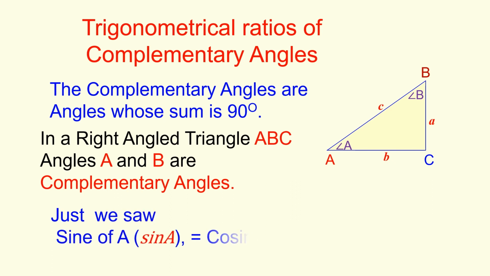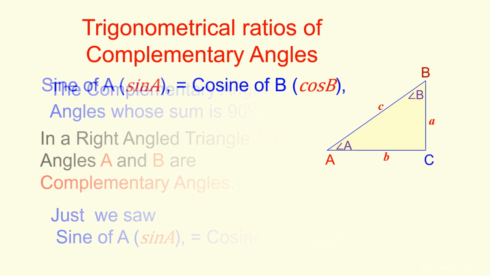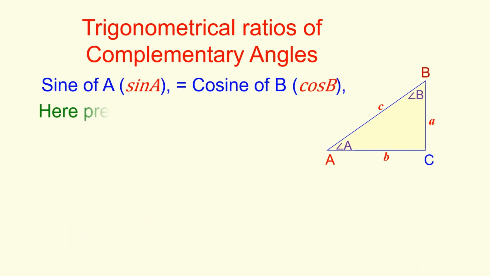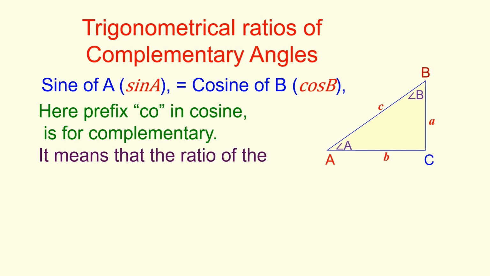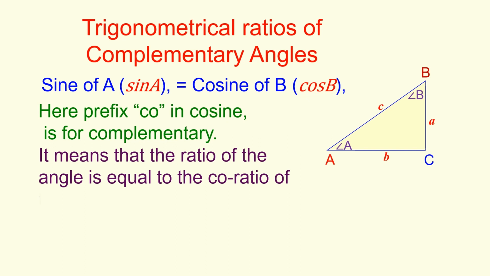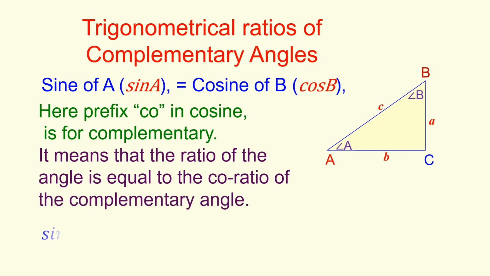And just as we saw, sine of A equals cosine of B. Here the prefix co in cosine is for complementary. It means that the ratio of the angle is equal to the co-ratio of the complementary angle.